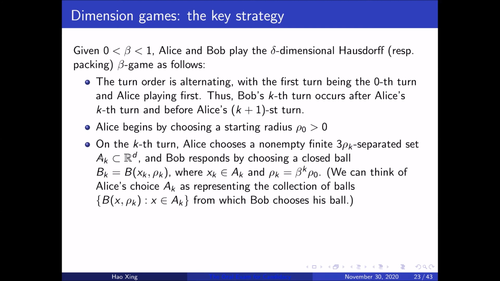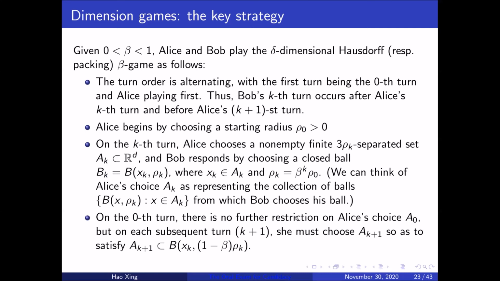This means every two points in A k have distance at least beta rho k. And Bob responds by choosing a closed ball centered at x sub k with radius rho sub k. And this x sub k is an element in this beta rho k separated set.